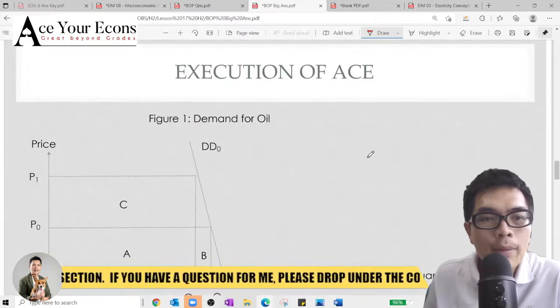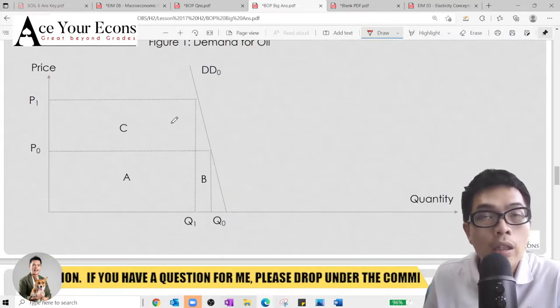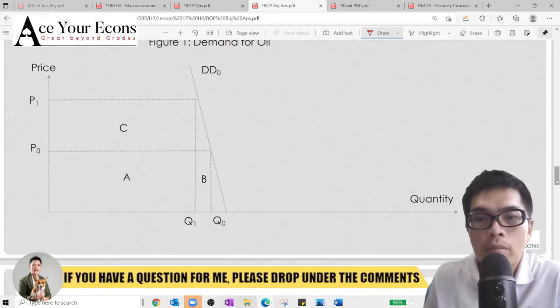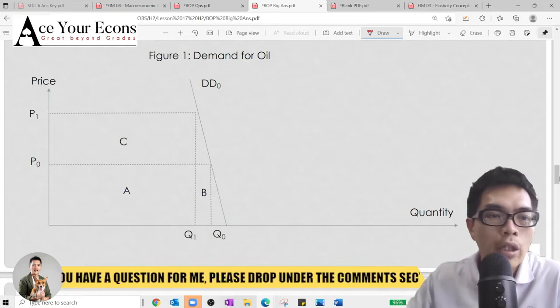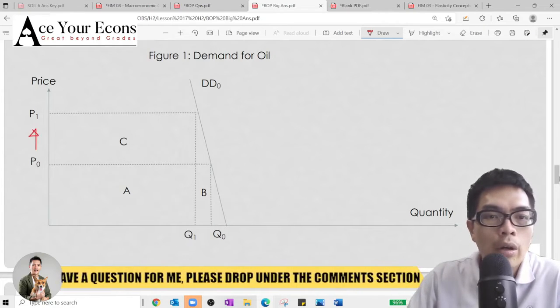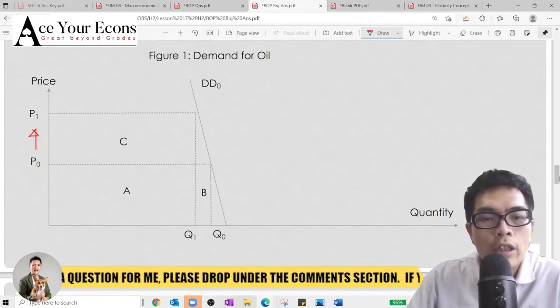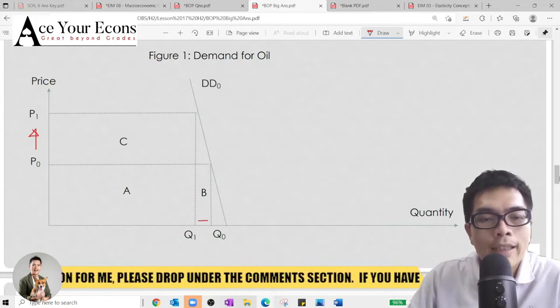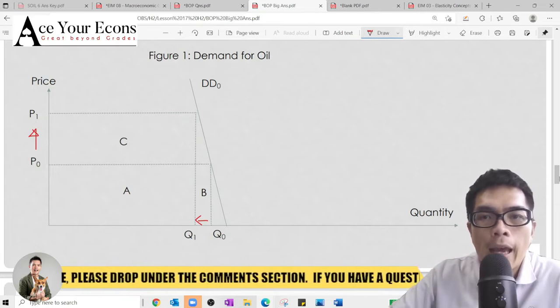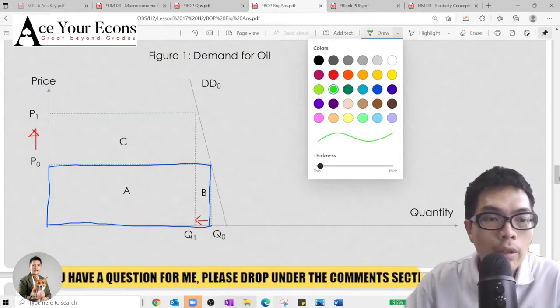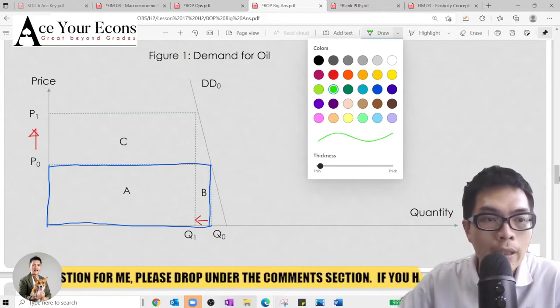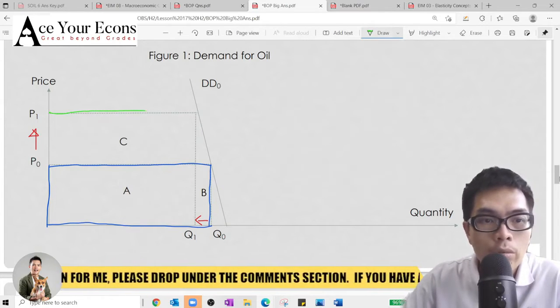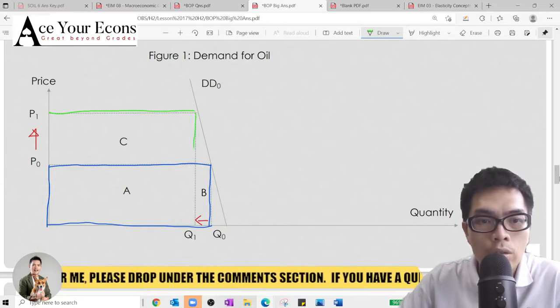So the concept that we want to use here would be a demand diagram, and you want to illustrate when there's an increase in price of crude oil, when your demand is sufficiently price inelastic, the increase in price will lead to a less than proportional decrease in quantity demanded. The blue rectangle will be your initial consumer spending. The green one will be your final consumer spending.